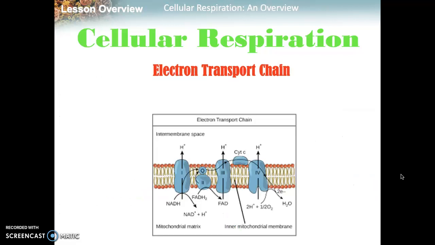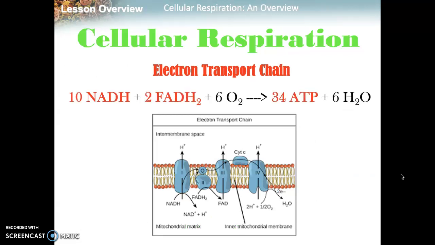So again, what happens during the electron transport chain? The NADH and FADH2 are converted into ATP. Prior to the electron transport chain, there had been 10 NADH molecules produced and 2 FADH2 molecules produced. For this process to take place, we're going to need 6 molecules of oxygen, and when that happens, we get 3 ATP for each NADH, so that gives us 30.